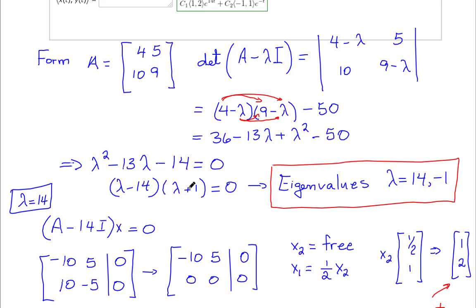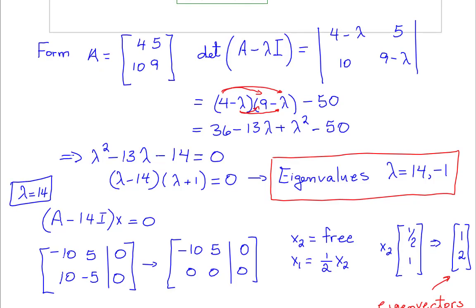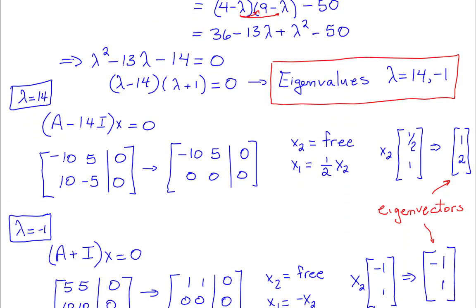It is factorable, and when you solve it, you get the eigenvalues. And the eigenvalues are 14 and minus 1. With each eigenvalue, you get one or more eigenvectors.